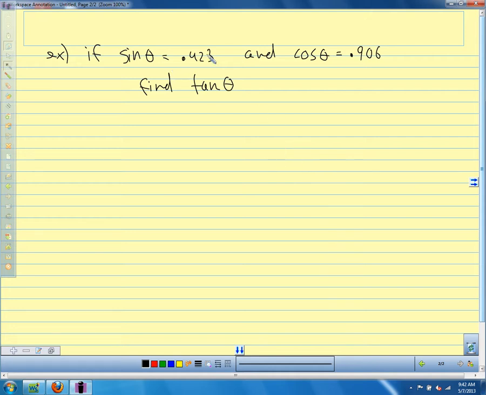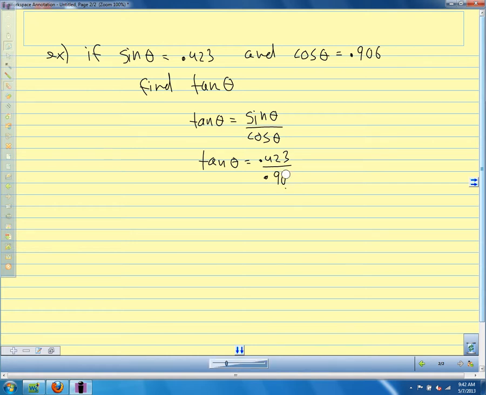So we know the sine of the angle, we know the cosine of the angle. Well, our identity tells us that tangent theta equals sine theta over cosine theta. So tangent theta equals 0.423 divided by 0.906.